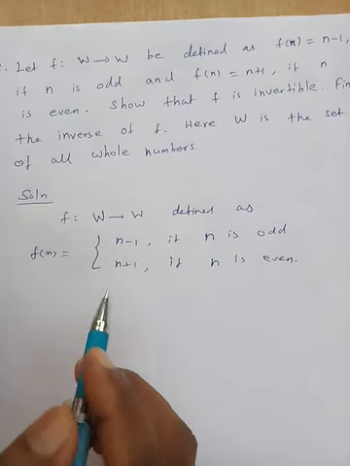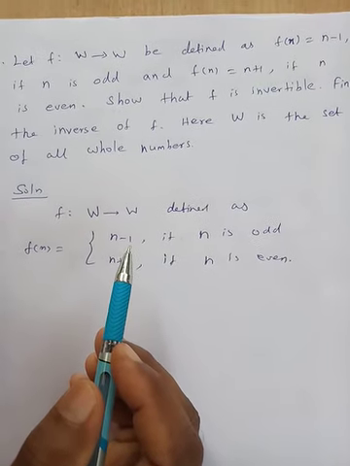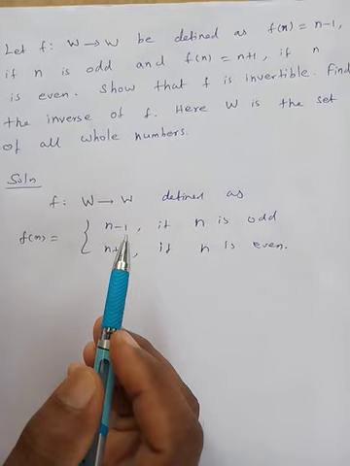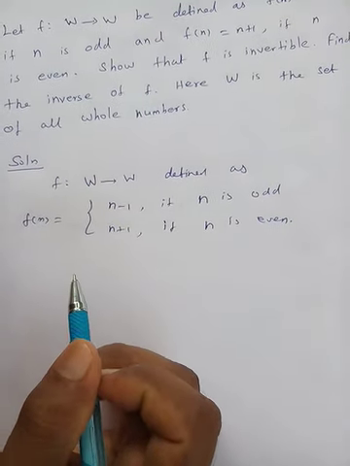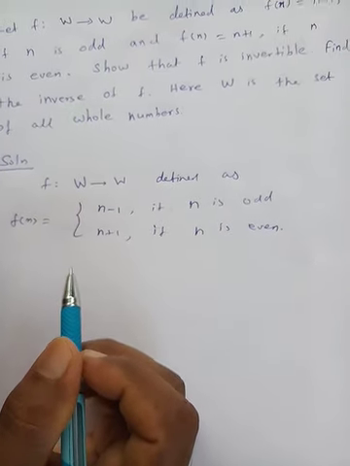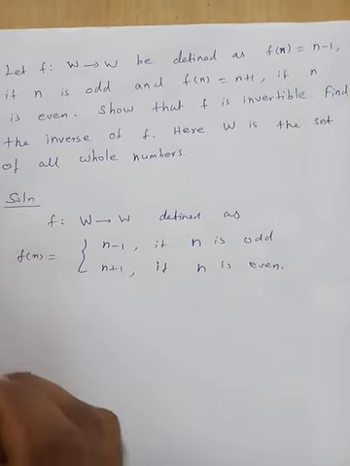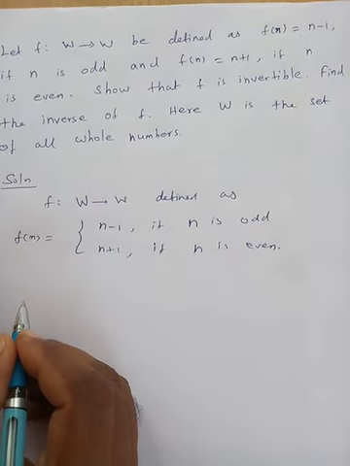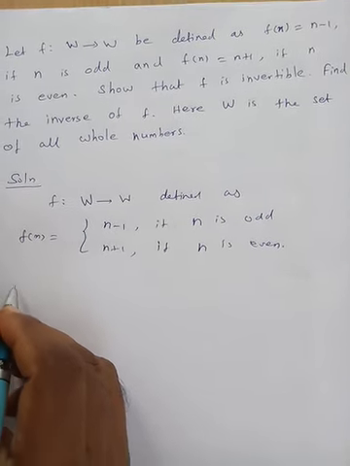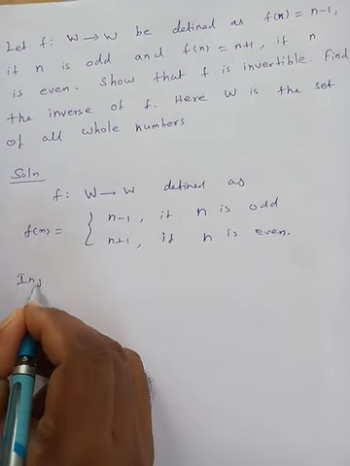First, we show that f is invertible. Therefore, we prove that f is injective and surjective, or f is one-one and onto. First, check the injectivity of the function.